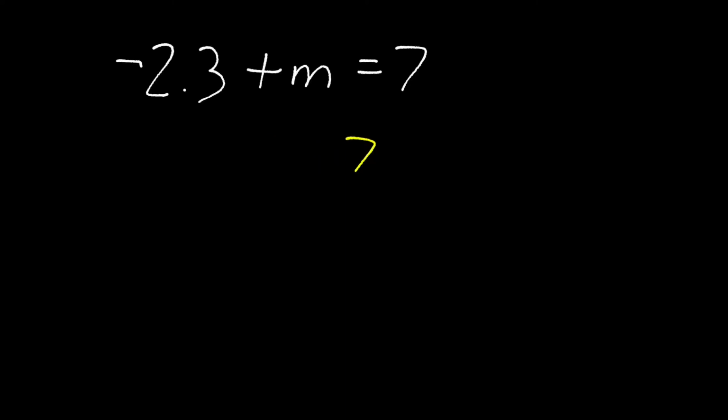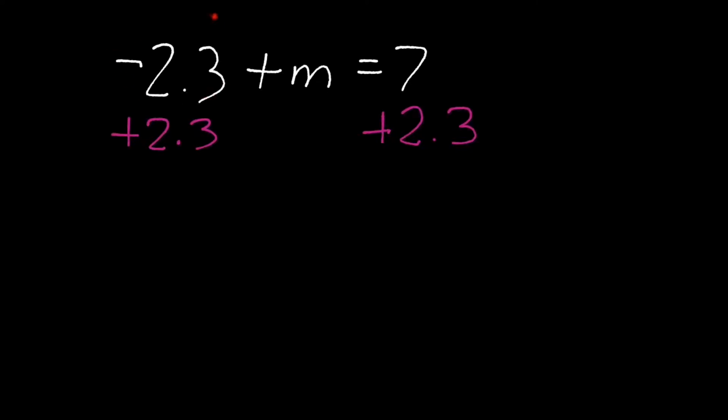And if we're trying to get m all by itself, that means I need to get rid of -2 3/10. So I should ask myself, if I want to bring this to 0, it's at -2 3/10 right now, and I need to bring it to 0 so that m is all alone, what should I do? The answer is, if it looks like a -2 3/10, we are going to add 2 3/10 to both sides.